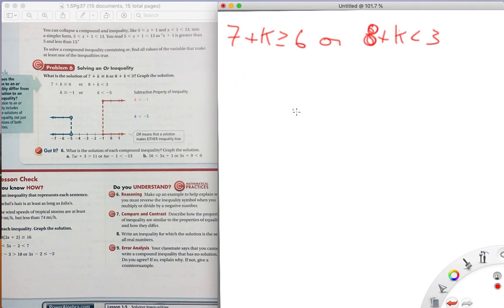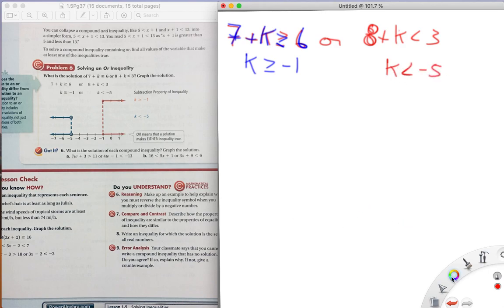Okay, so graphing this, solving, I'll subtract 7 from both sides, and this is k is greater than or equal to -1. And this is k is less than -5.